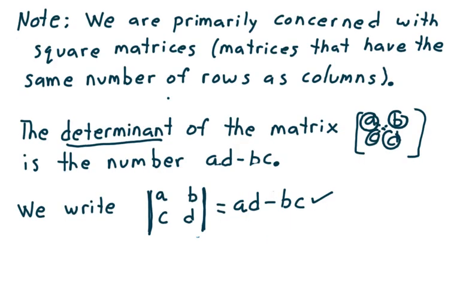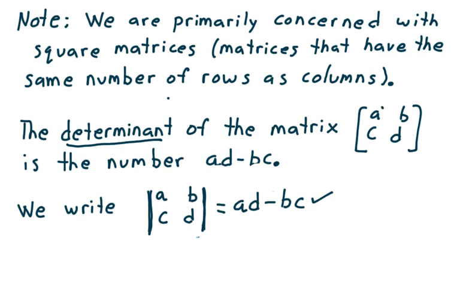We are primarily concerned with square matrices, and those are matrices that have the same number of rows as columns. The determinant of the matrix A, B, C, D is the number AD minus BC.